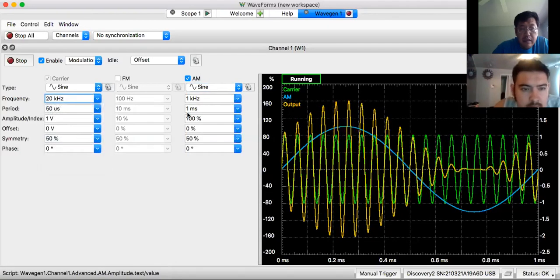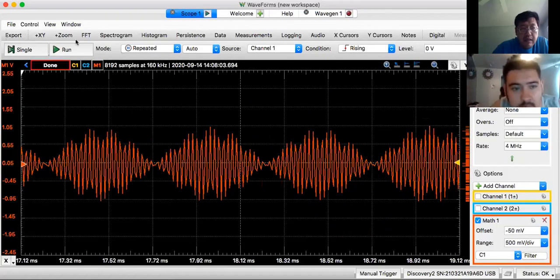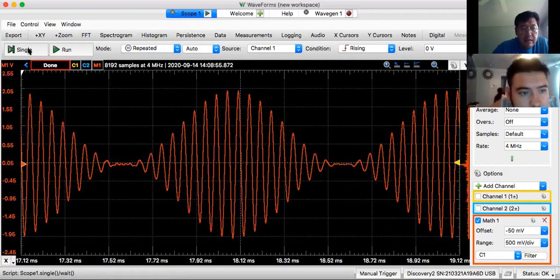I changed to 20K. So the carrier right now is 20,000 hertz. So I'm slowing down my carrier a little bit. And now let's look at it. So that's what AM looks like. Also I can change how much I modulate. That's our second topic.